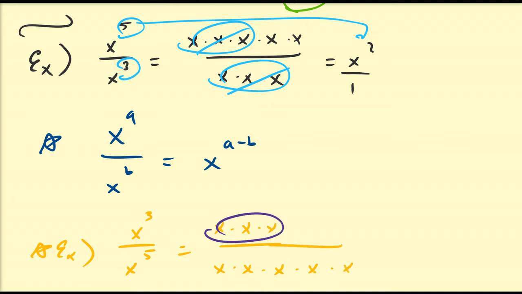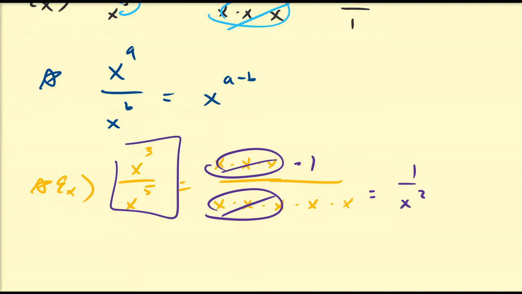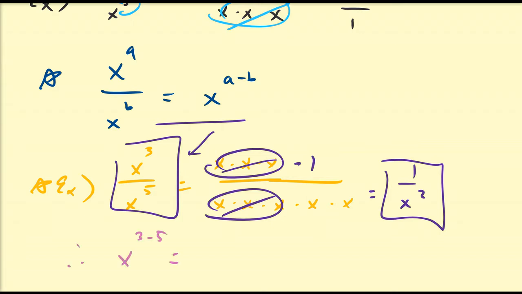So if we cancel out the three x's that we have here, we're just left with 1 on top, so left with 1 divided by x squared, right? So we have this expression. Now what if we apply our rule to this expression? So if that is the case, that means x to the 3 minus 5 is the same as x to the negative 2 is the same as 1 divided by x squared.